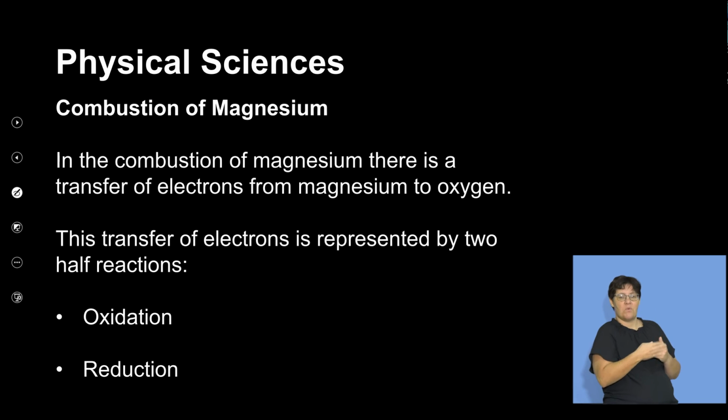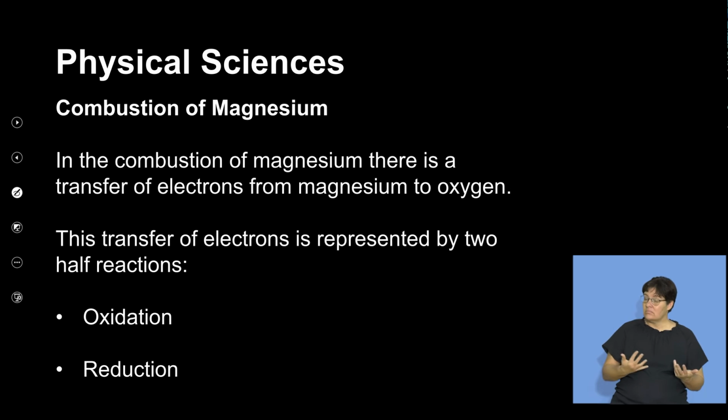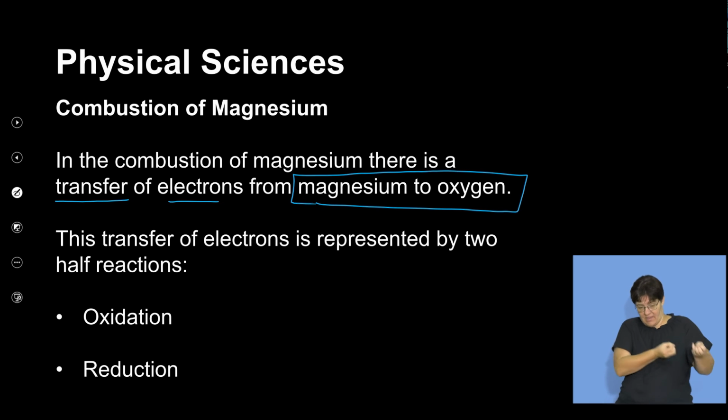Now, for argument's sake, if we look at the combustion of magnesium by making reference to the oxidation numbers, we've seen the changes that have taken place. In the combustion of magnesium, there is a transfer of electrons from magnesium to oxygen. So this is the main point.